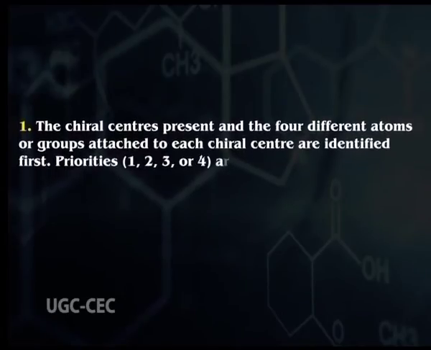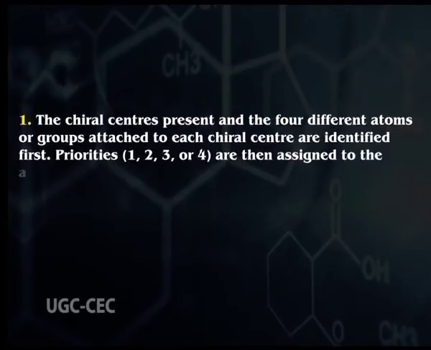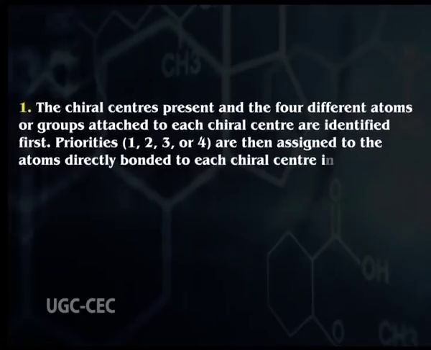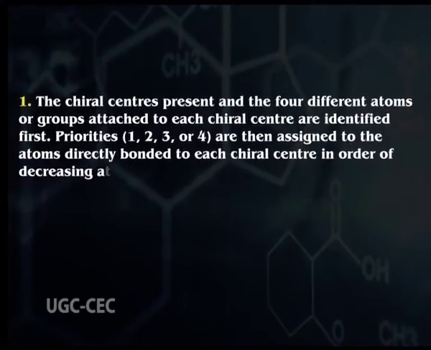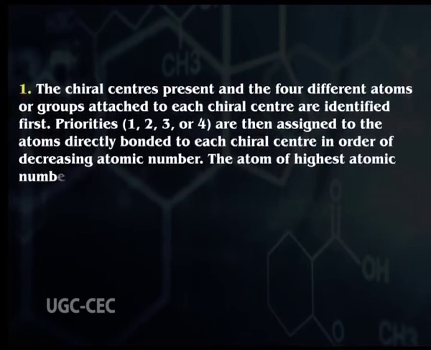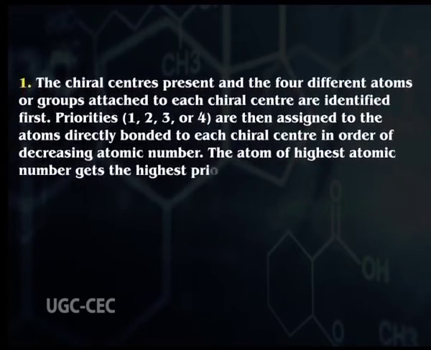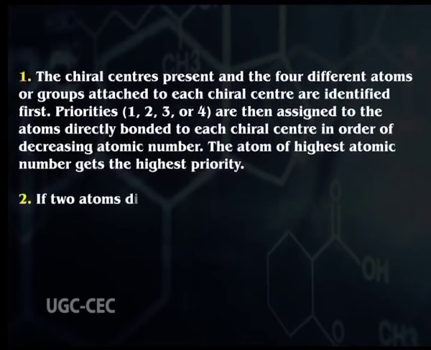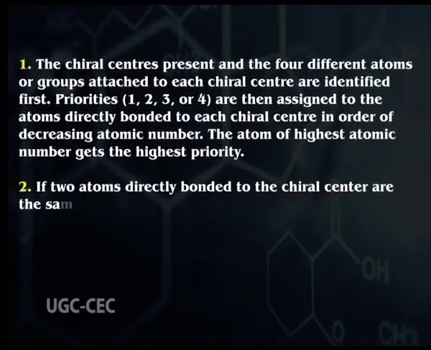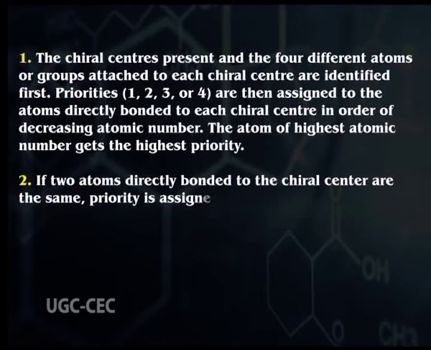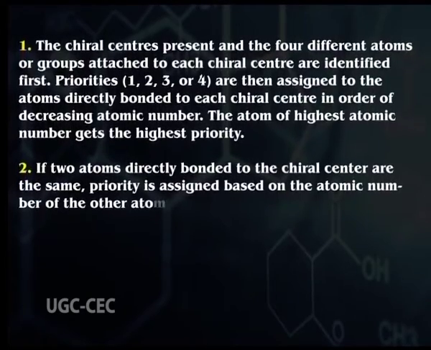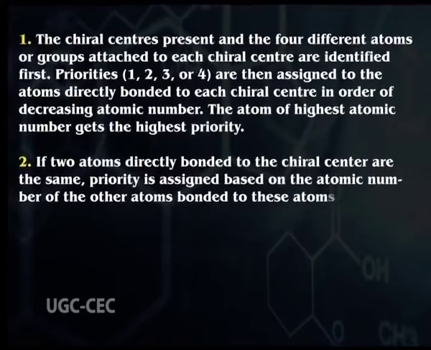Priorities 1, 2, 3 or 4 are then assigned to the atoms or groups directly bonded to each chiral center in order of decreasing atomic number. The atom of highest atomic number gets the highest priority. Number 2, if 2 atoms directly bonded to the chiral center are the same, priority is assigned based on the atomic number of the other atoms bonded to these atoms.